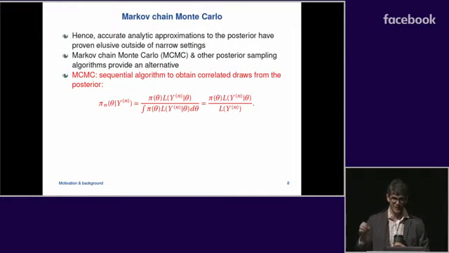I might want the predictive distribution of y for a new patient coming in, given their features, or I'd like to know something about particular functionals of the parameters that are interpretable. But if I have an analytic approximation, I can't get that at all. If I had samples from this, I could do a lot.